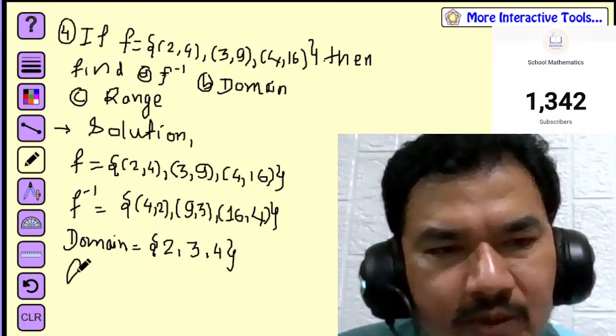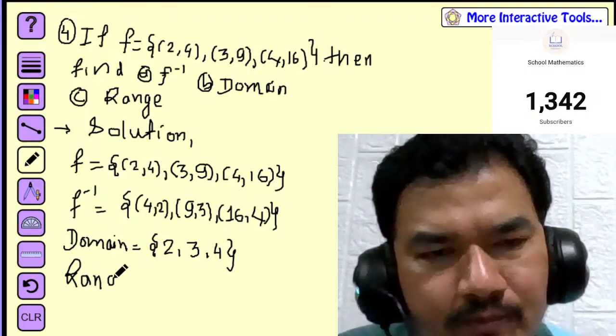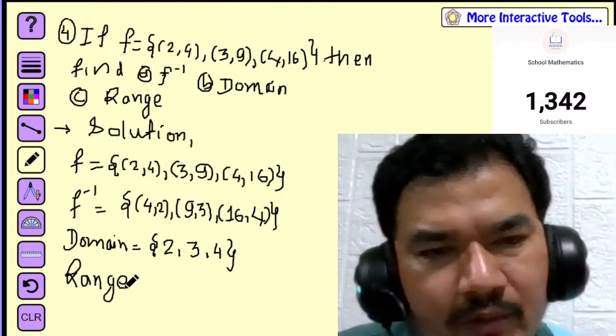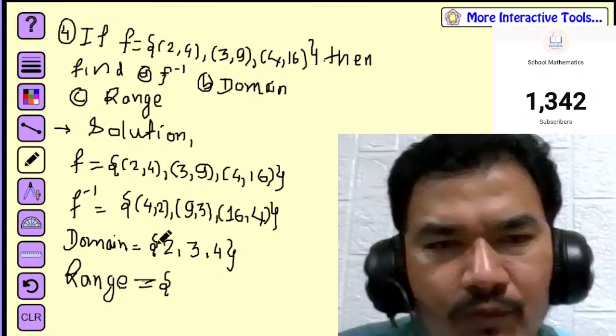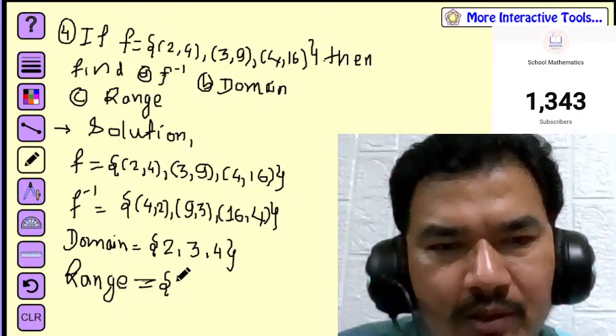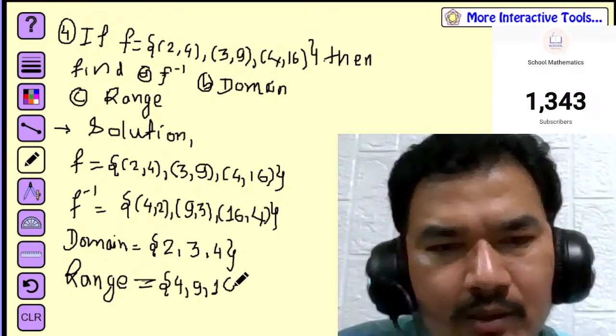When you find the range, write a range, okay. Range equals to what, do you know? We have to form the set by taking the second element of each ordered pair, that is 4, 9, 16.